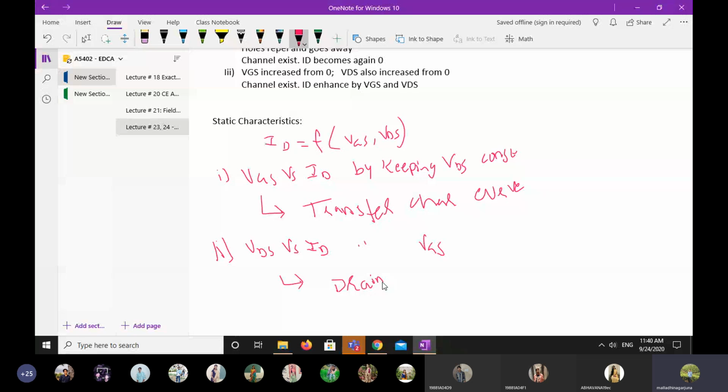So static characteristics: ID is a function of VGS, VDS. The first characteristic we draw is VGS versus ID, keeping VDS constant, called the transfer characteristic curve. The second is VDS versus ID, output voltage versus output current, keeping VGS constant, called the drain characteristic.